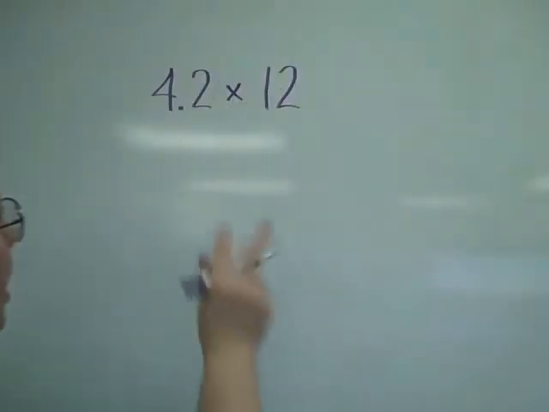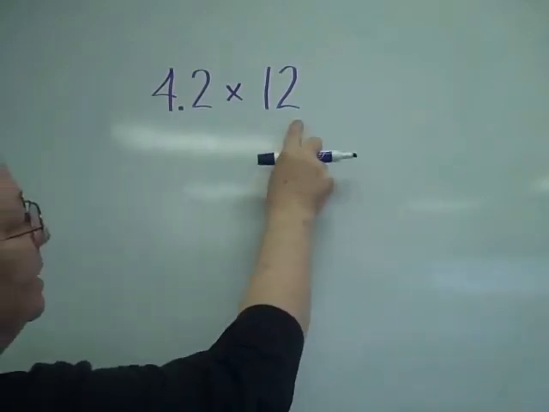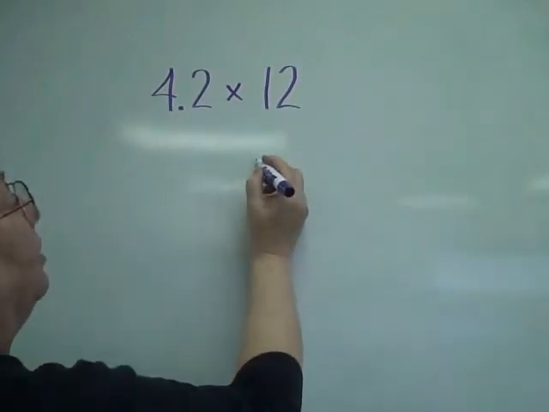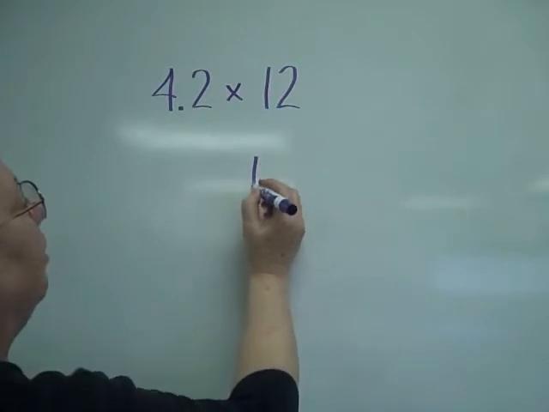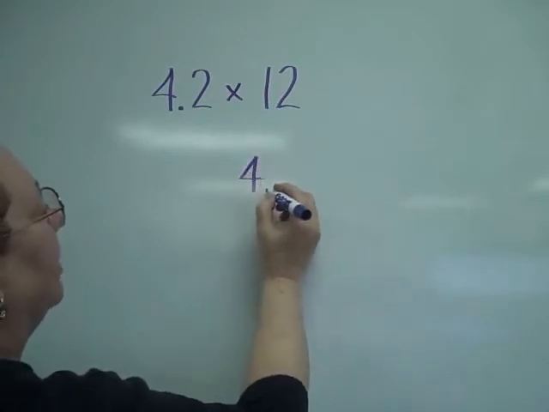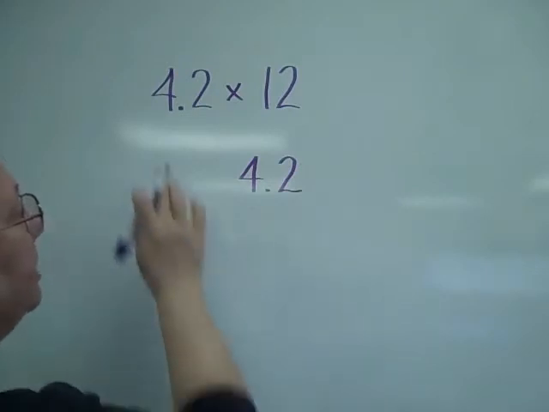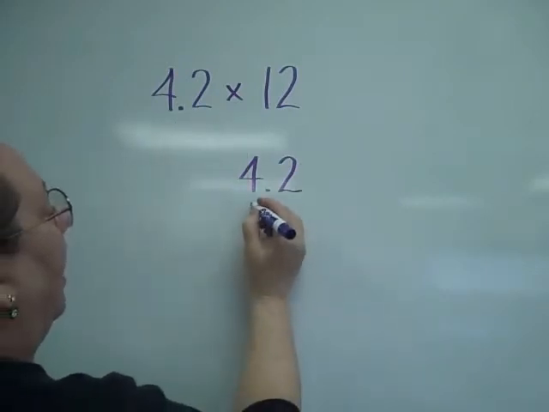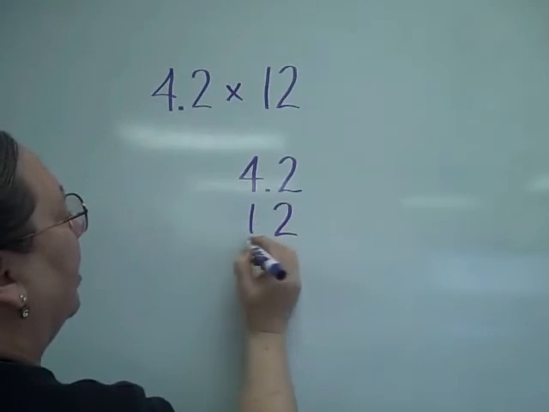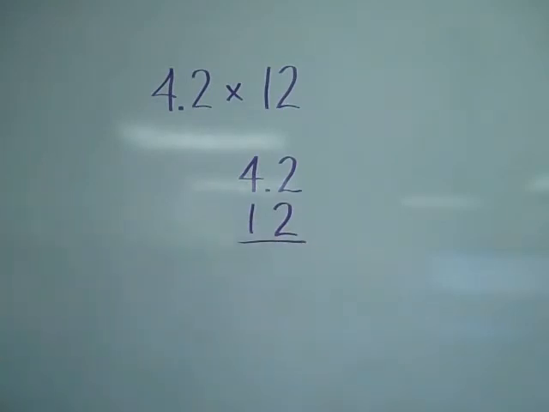Another example, I have 4 2/10 times 12. What I'm going to do is line up, and since they both have 2 digits, it really does not matter which one's on the top and which one's on the bottom. I'm just going to do them in order, and times the 12. Now remembering I have to count the number of digits behind the decimal.